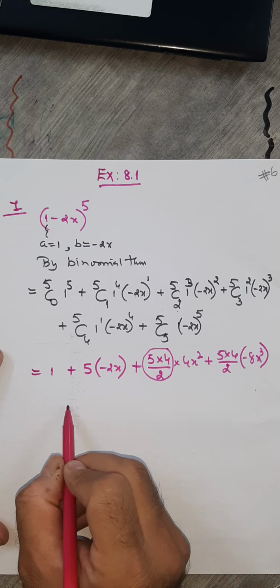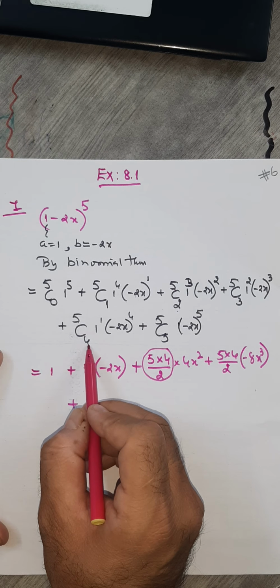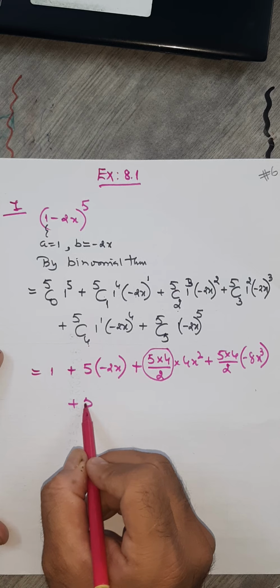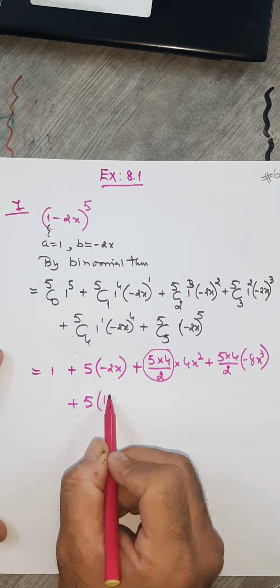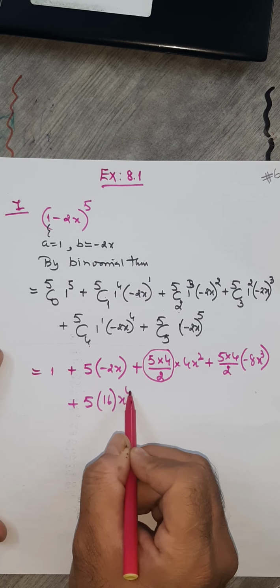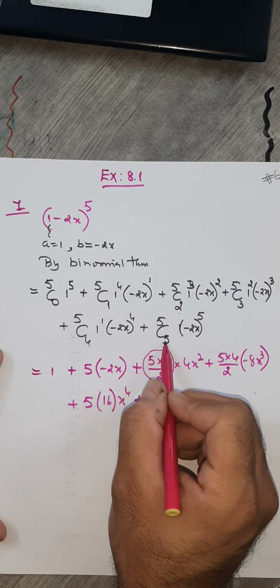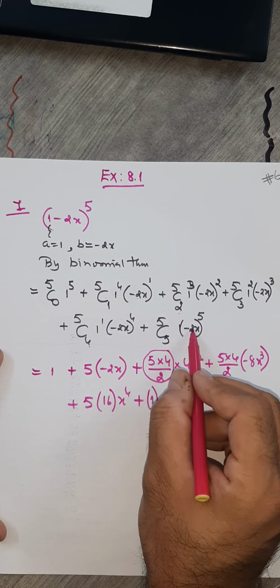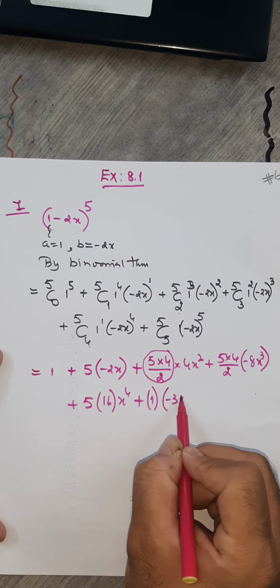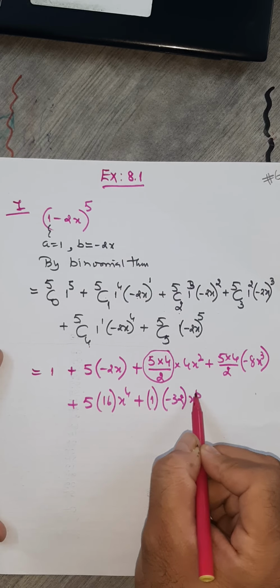Minus 8x cube. Plus 5C4 is the same as 5C1, so it will be just 5. This is an even power, so 2 raised to 4 is 16, into x raised to 4. 5C5 is the same as 5C0, which is 1 here. And here is an odd power, so minus 32 into x raised to 5.